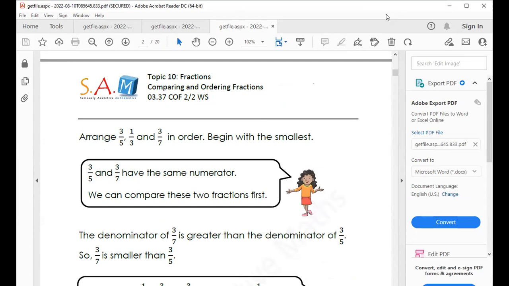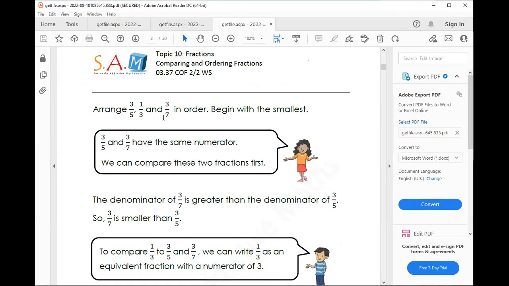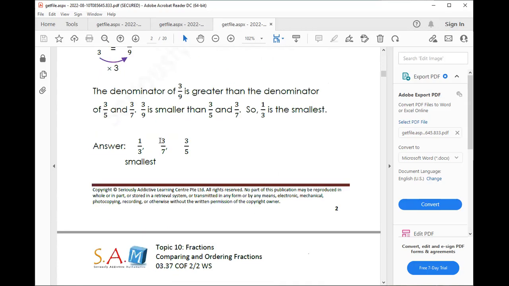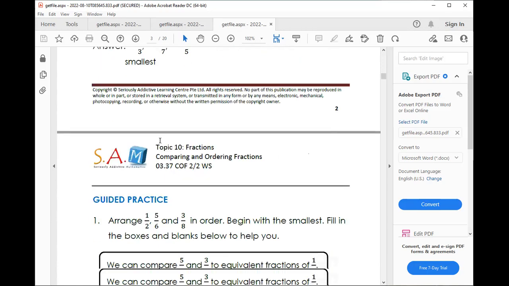Okay, so what they can do is first compare 3 out of 5 and 3 out of 7. And then after that, they can convert 1 out of 3 to compare with 3 out of 5 and 3 out of 7. Okay, how to compare 1 out of 3 with 3 out of 5 and 3 out of 7? You can actually convert the 1 into a numerator of 3, so that you can do the comparison. So really it's for practice, and then knowing what's the best way to do it.